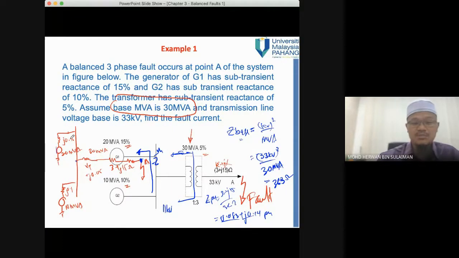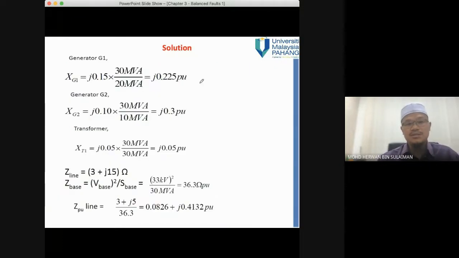So kita boleh nampak sebenarnya secara general ni, dia ialah bercabang, betul tak? Okay, ni generator 1, generator 2, and then ada transformer, ada resistor, dan tu ke titik fault kat sini. So dia tengok daripada titik fault menuju ke ground. So apa yang boleh nampak kat sini, sini cabang kan.